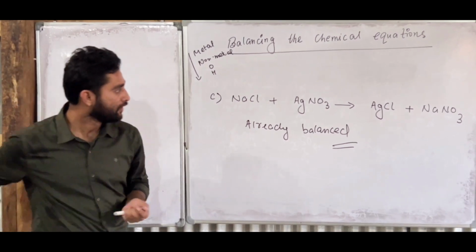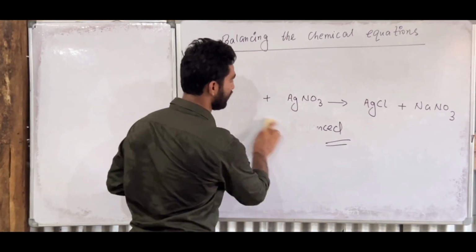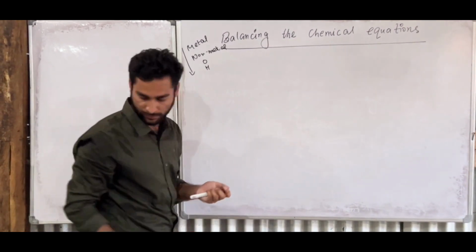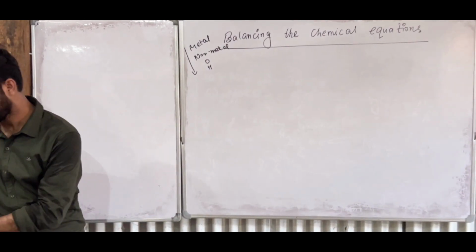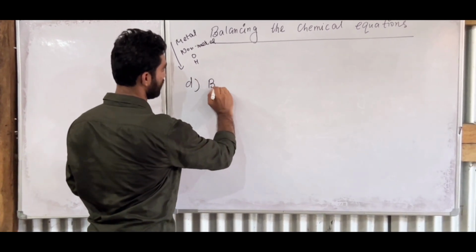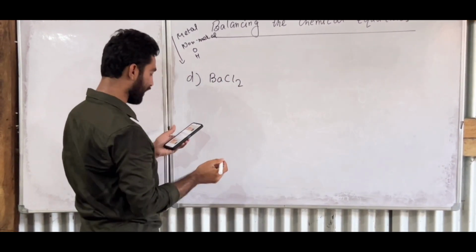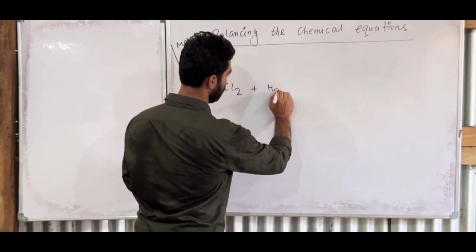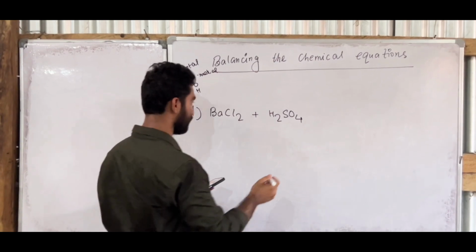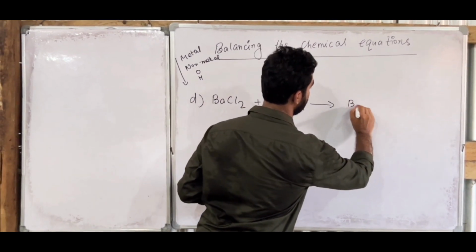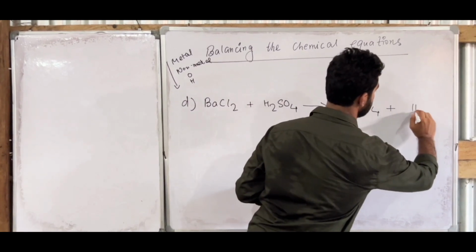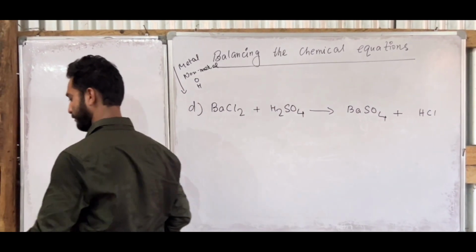Now one more example I will be taking so that you will be more confident and clear. See, number D. For example, barium chloride plus sulfuric acid, they will form barium sulfate plus hydrochloric acid.